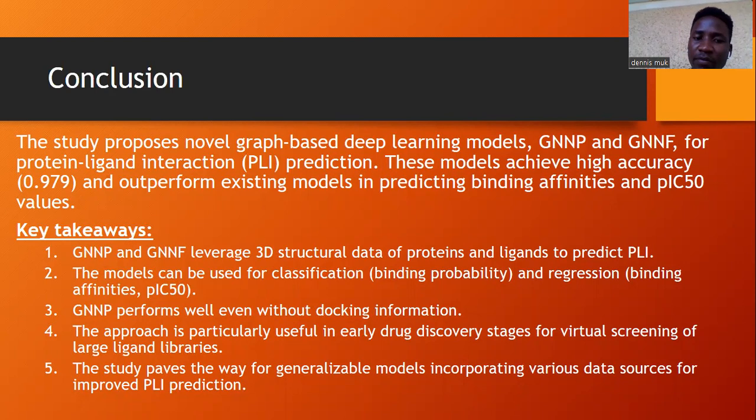Then GNNP performs well even without docking information, so basically GNNP is the best option to use. Then the approach is particularly useful in early drug discovery stages for virtual screening of large ligand libraries. And lastly, the study paves the way for generalizable models incorporating various data sources for improved PLI prediction.